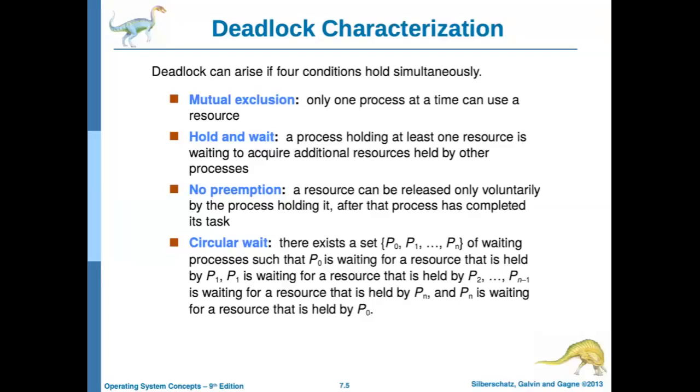Okay, let us start with the first condition. It is mutual exclusion. Why is this condition required? We are aware of what mutual exclusion is. When we studied the critical section, we discussed this mutual exclusion. Only one process at a time can use that resource.